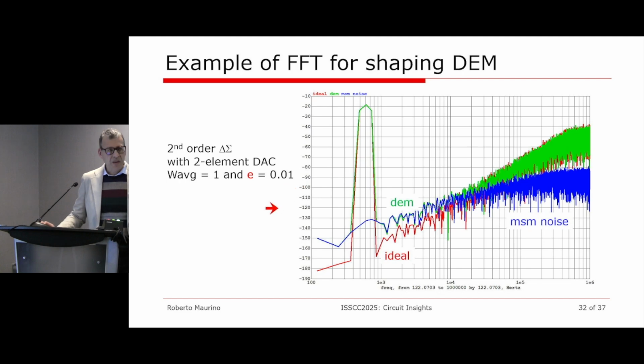Again, I've taken the same second order 2-element DAC that we had before, but now I use this scheme. Notice that I've increased the error by 10x here, and in spite of that, you can see that the noise is lower than what we had before, thanks to the shaping introduced by this scheme.